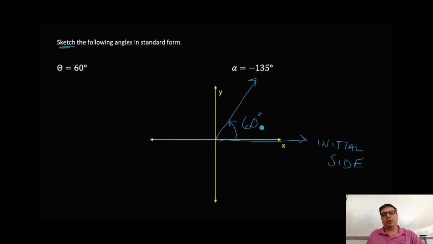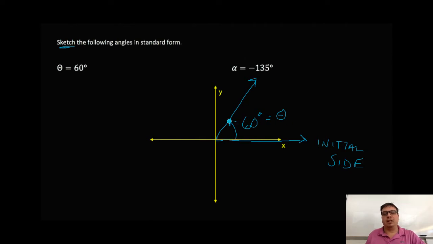So what we do is we go through, we draw it out. This is our initial side every single time. We rotate through the degree measure, and we'll go 60 degrees for the first example, and this right here is what's known as theta. So theta, that's this particular symbol, theta is equal to 60 degrees.